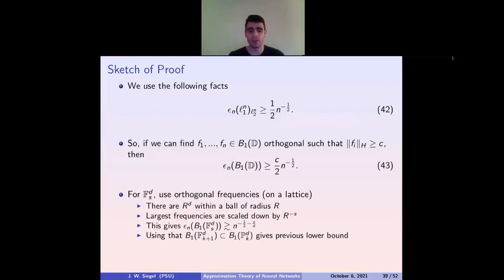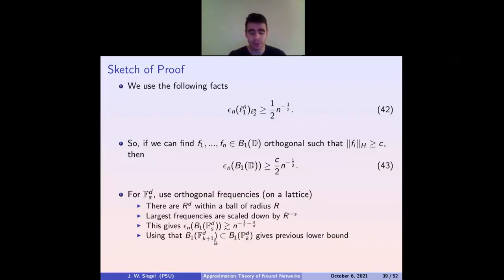The previous results that I indicated, the previous lower bounds, are obtained by considering orthogonal frequencies and noting that, if these frequencies decay fast enough, the convex hull of this Fourier dictionary is contained in the convex hull of these ReLU dictionaries, as long as the decay is fast enough.